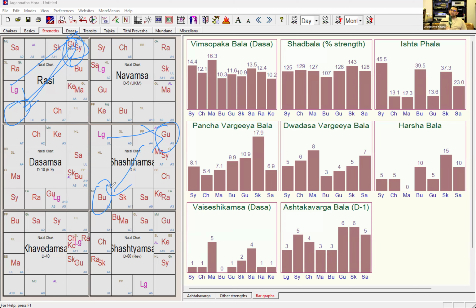So this fellow is not happy and looking at his own house where his Sama person is sitting. But for Guru, his enemy is sitting in his own house. Agitated. So this house and this house are screwed. And your Lagna is also screwed because the lord itself is Guru. Correct? You got the idea?